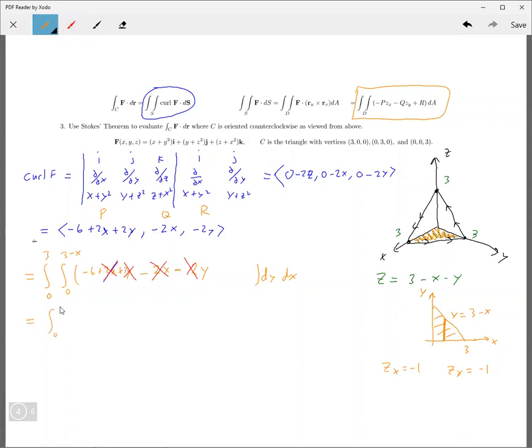Okay, so we have 0 to 3, and then this integrates to being negative 6y, going from 0 to 3 minus x. Then you subtract, put a 0, and that's going to be 0. So it's negative 18 plus 6x, evaluated dx. Integrate that: it's negative 18x plus 3x squared, from 0 to 1.